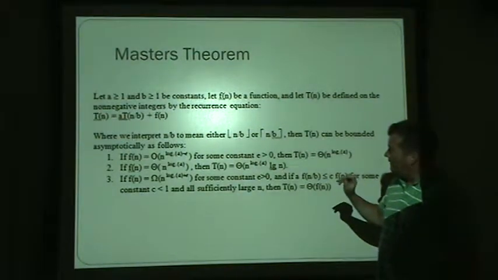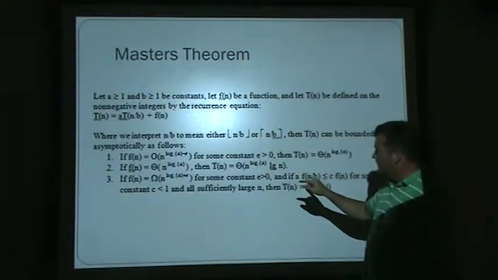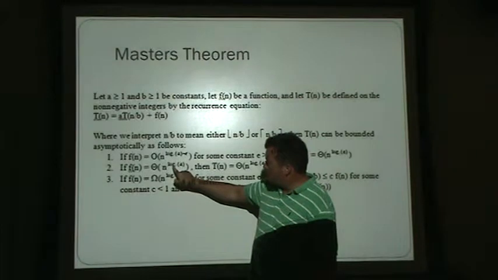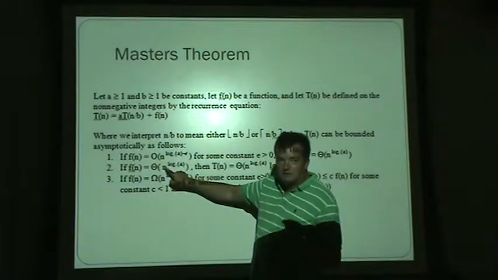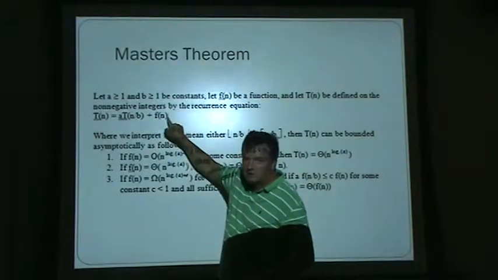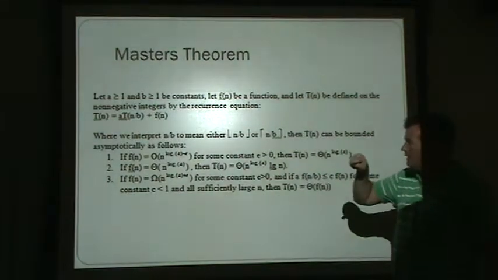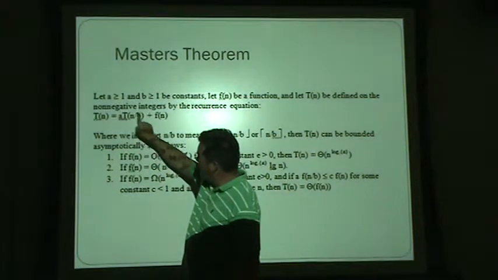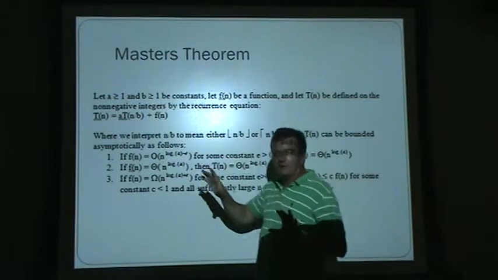We would have had n to the log base 3 of 9, which is exactly the same as n squared, and would have perfectly matched n squared if this was out here. So if our function was 9 T of n divided by 3 plus n squared, we would be perfectly in case 2.